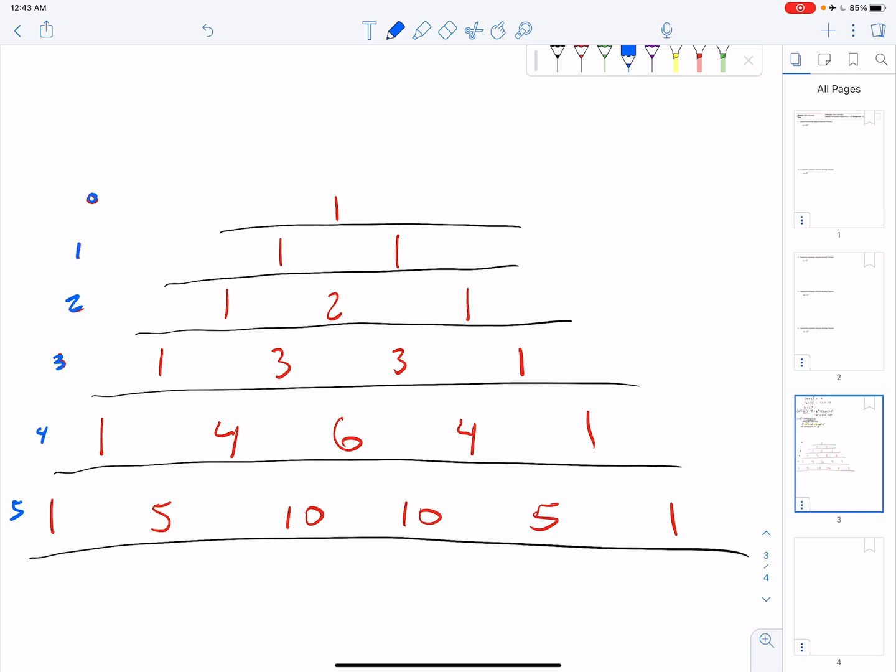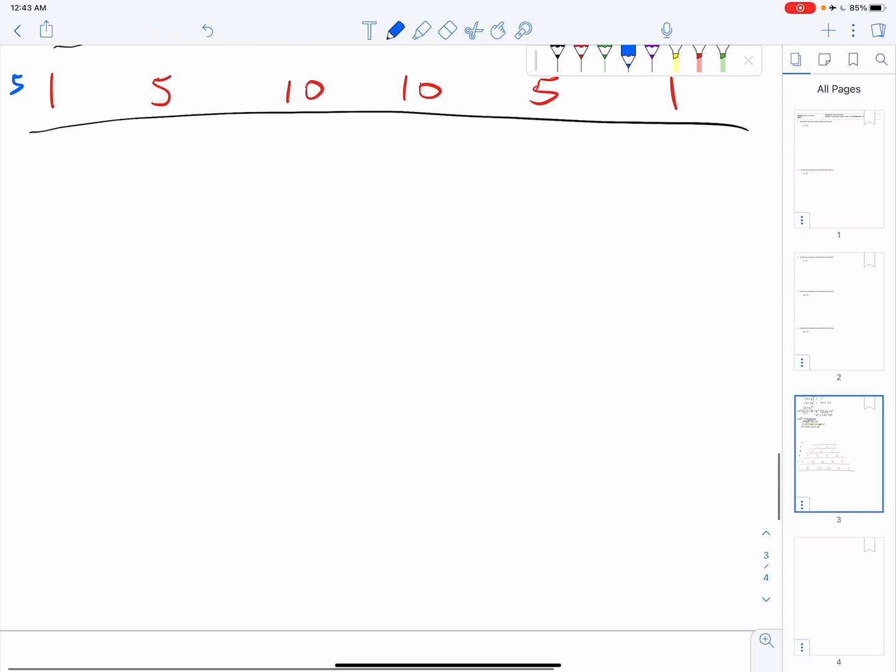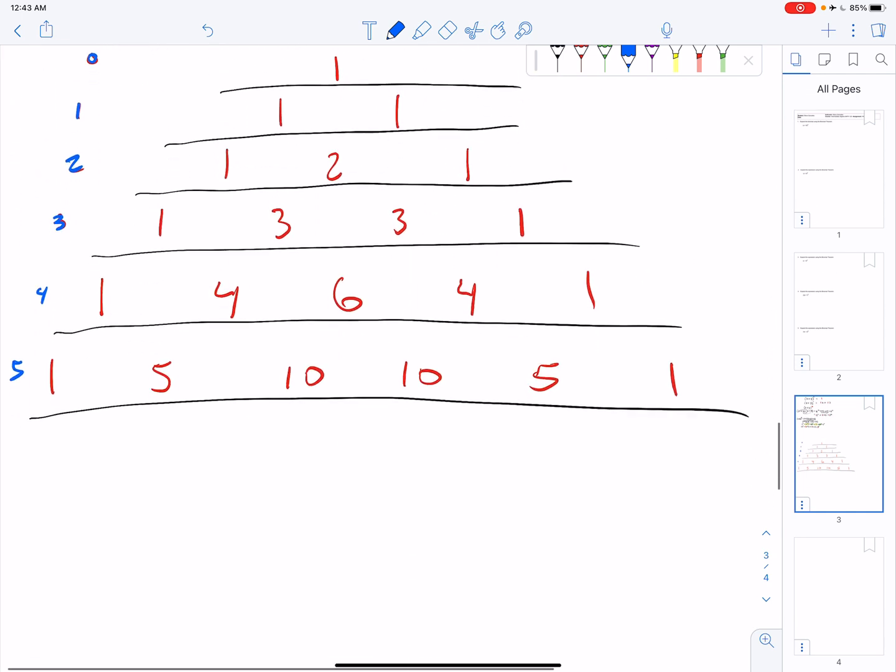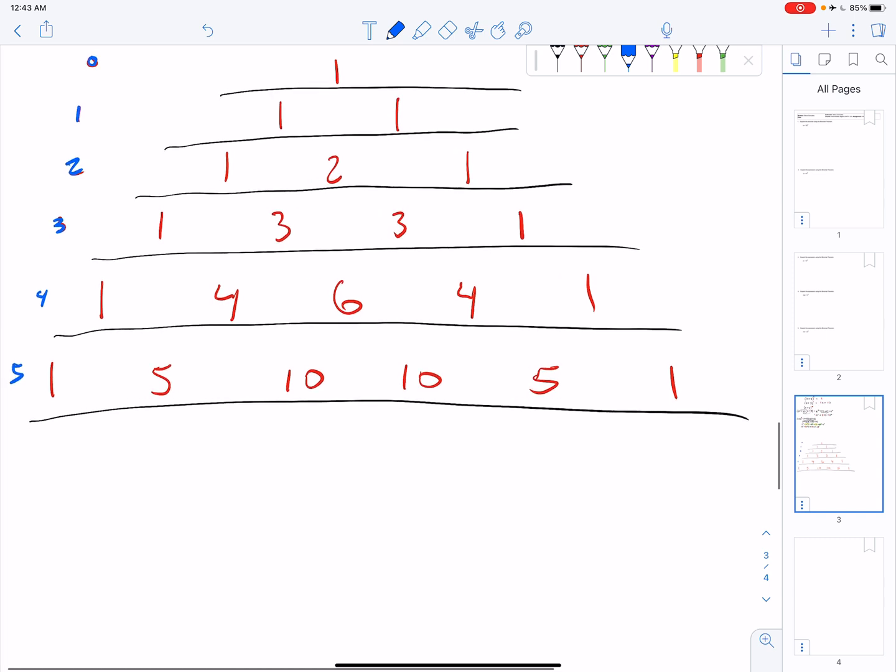Now, Pascal's triangle has another connection, and that is using combinations, which is sort of a grouping principle. And I'm going to show that, but it's not really necessarily something you have to use for this class. But we can find these numbers by using a formula called combination.